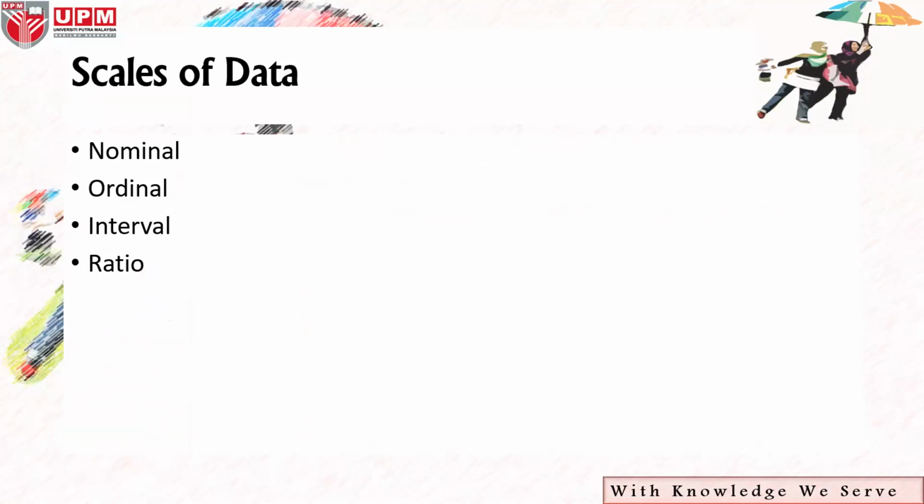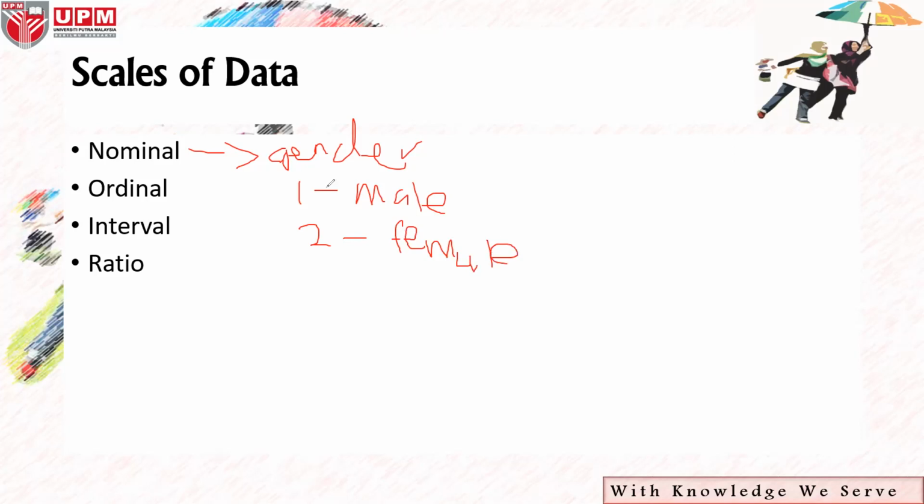For example, gender: we use 1 to specify that the gender is male, 2 for female. The numbering here we use as a code to insert in the SPSS software. 1 male, 2 female, because SPSS cannot capture it if we insert male or female.